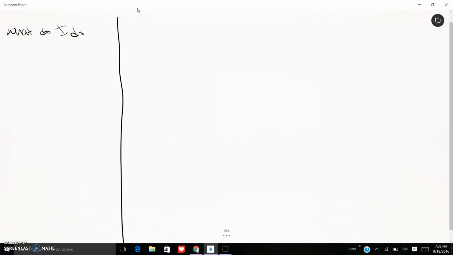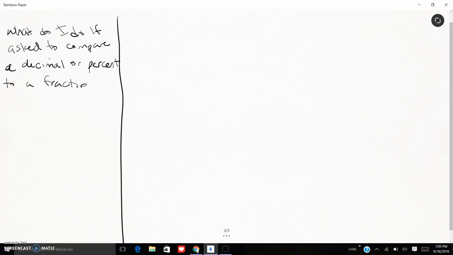What do I do if asked to compare a decimal or percent to a fraction? Well, the most important thing to remember on this is I must make them into the same form.